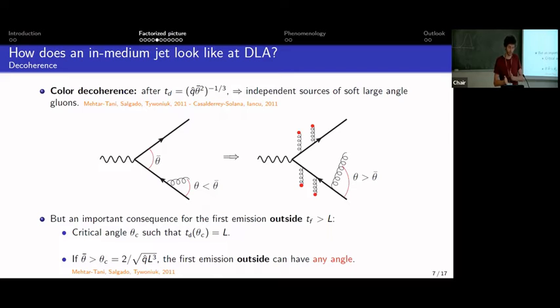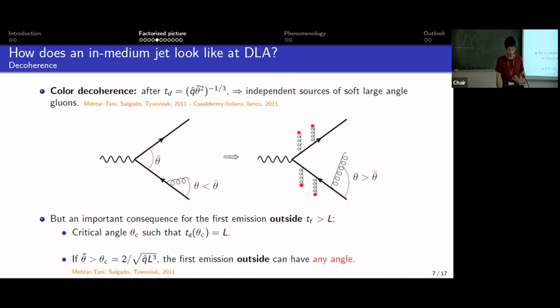This is a consequence of the decoherence of large angle dipoles while propagating through the medium. And this kind of large angle soft emission outside the medium has a phenomenological impact, and I will discuss that a bit later for the fragmentation function, for instance.